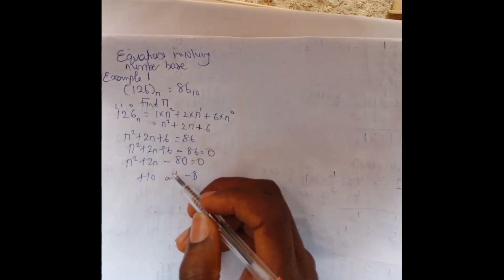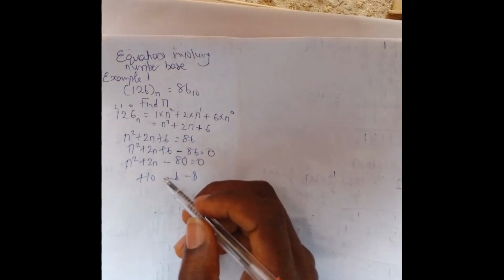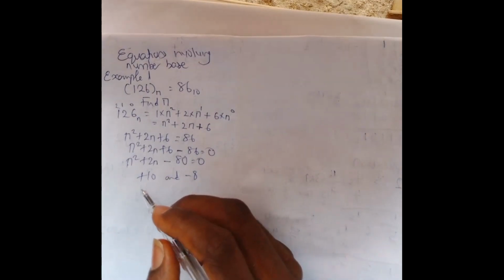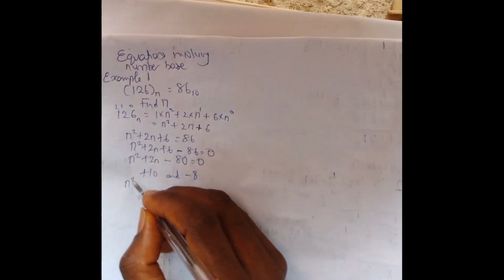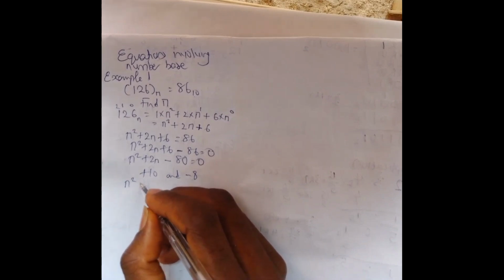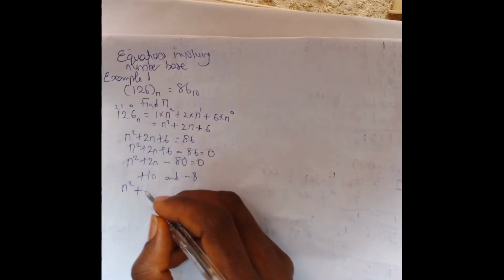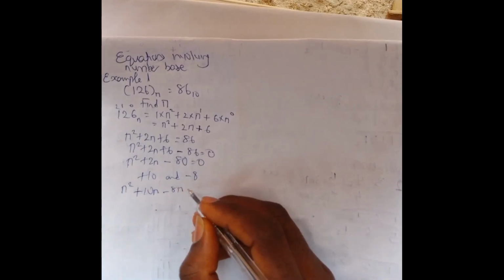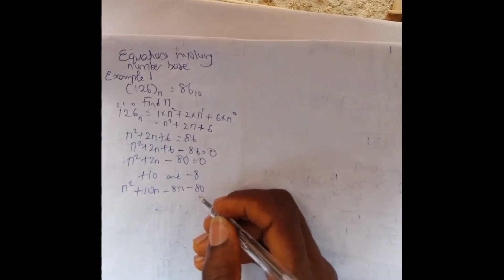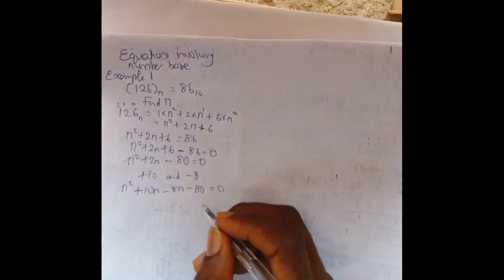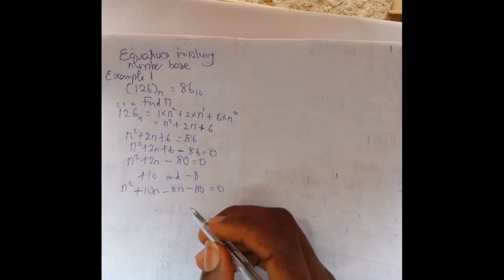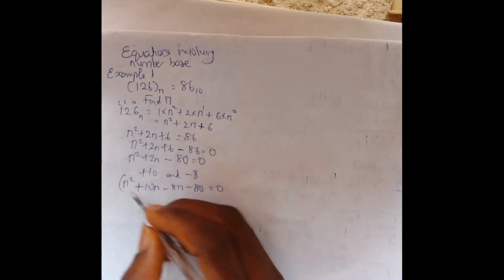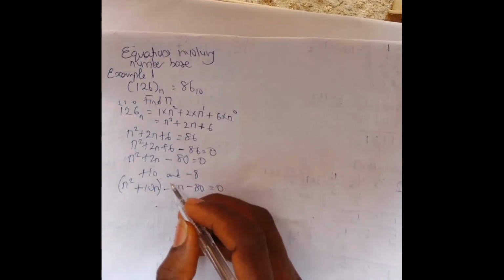So now we say n squared, instead of writing 2n, I'll write plus 10n minus 8n. Then write minus 80 is equal to 0. Then you can factorize here, you can bracket them. Now let's factorize.